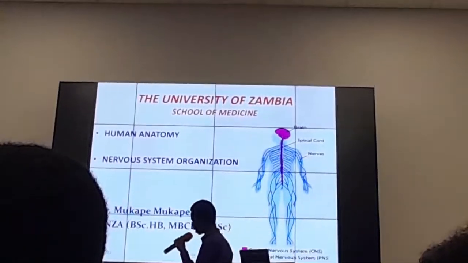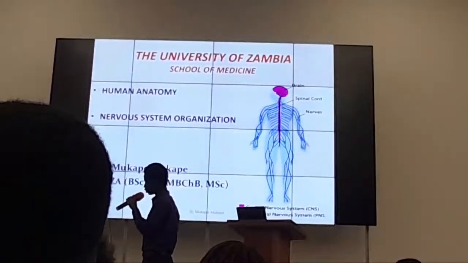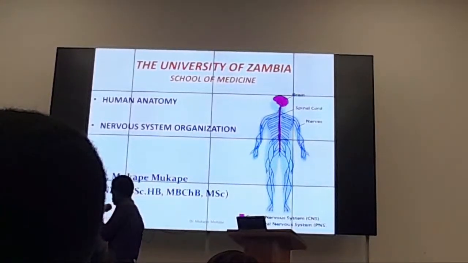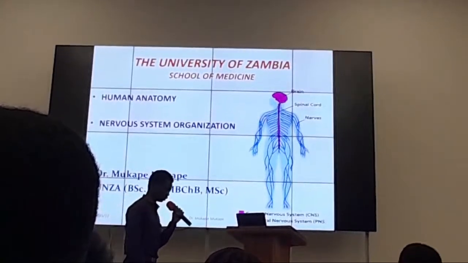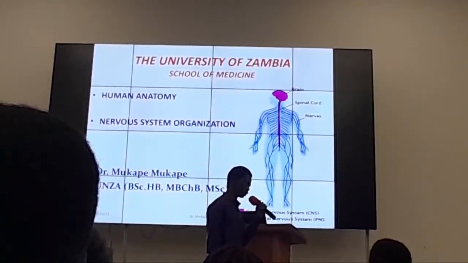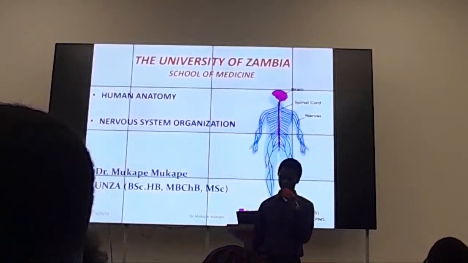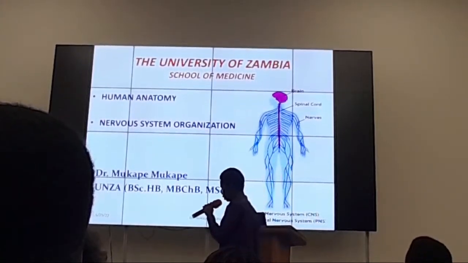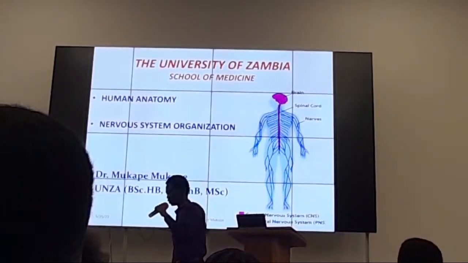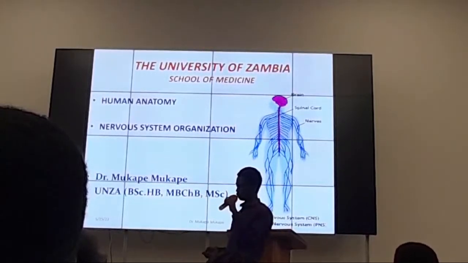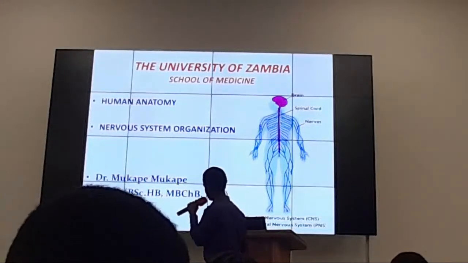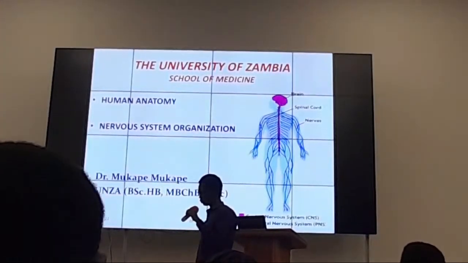And when you come to learn the nervous system in detail next year, you will be able to connect what this system is, and it will be easier for you to study it in detail. So here is just an overview of the nervous system organization.